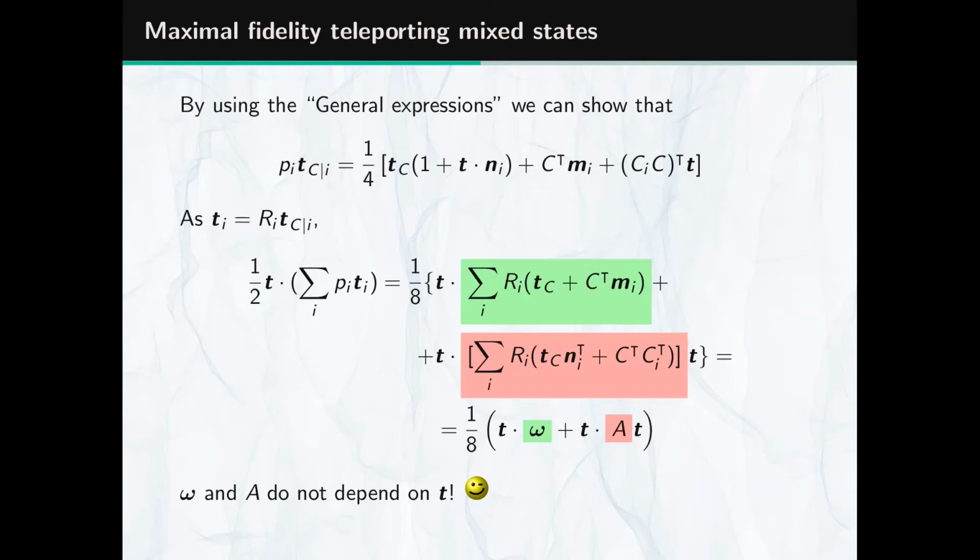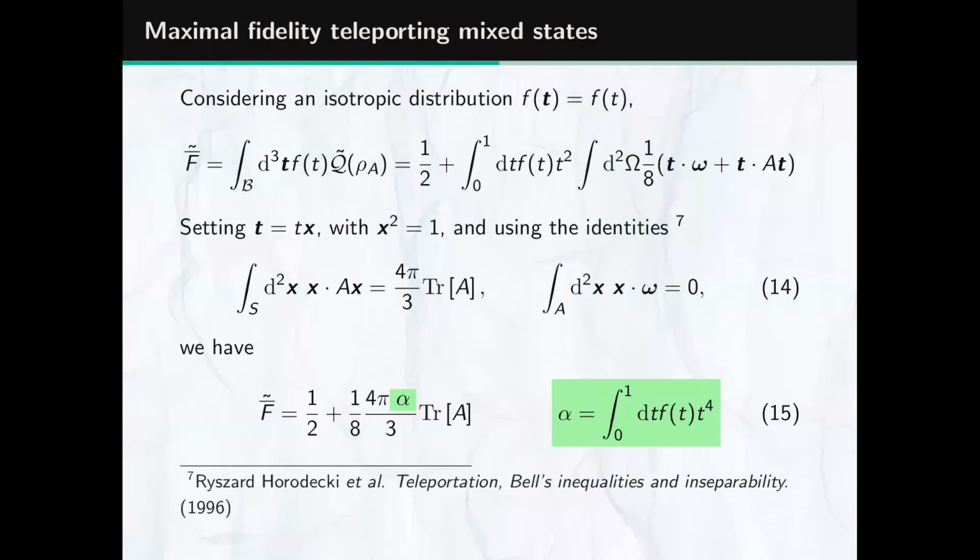Okay. And a quick remark, here we have the rotations we have to move in order to reach the maximum. Another remark is the final average fidelity does not depend on vector omega.